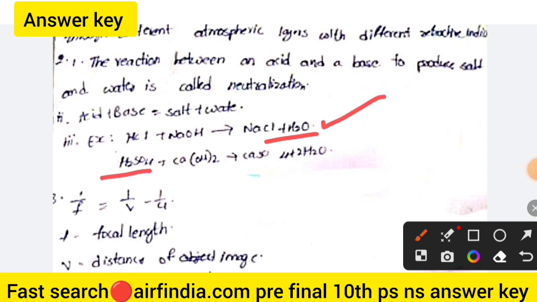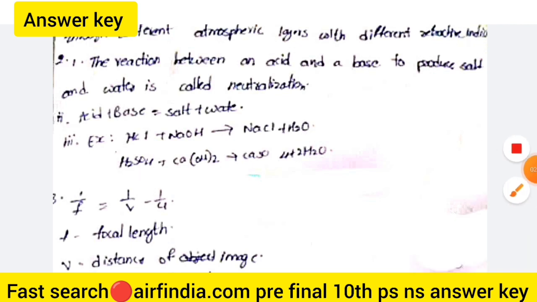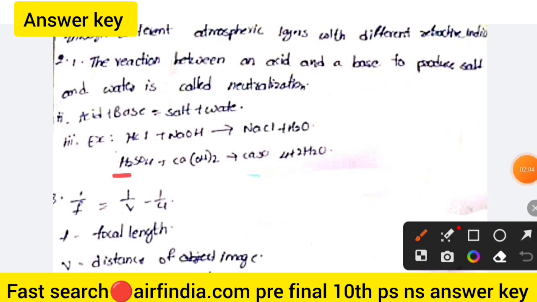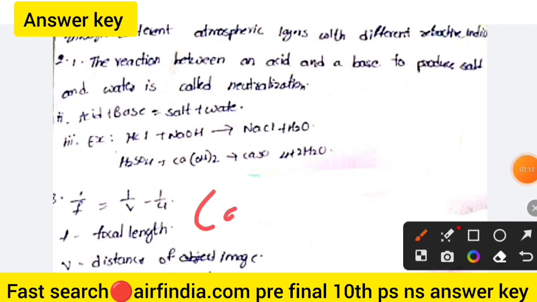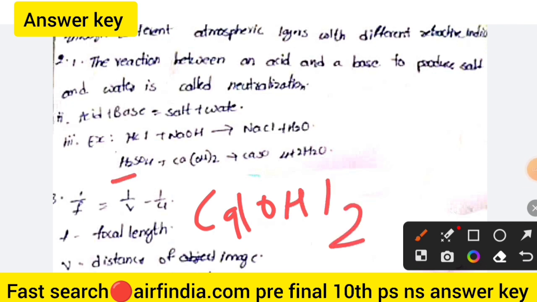And the next is H2SO4, which is an acid. Okay, it's sulfuric acid. H2SO4 and calcium hydroxide, Ca(OH)2, with OH twice.